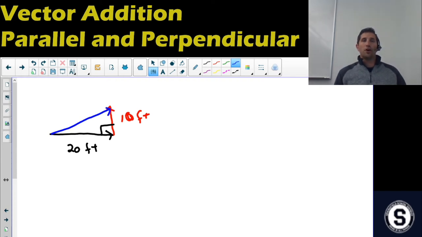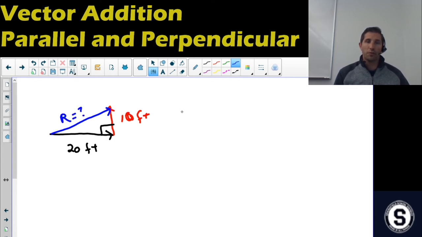And we learned from the Pythagorean theorem that to get the hypotenuse, the long side, of a right triangle, we can take the sum of the squares of the sides. So we square this, we add them together, we take the square root. That will give us our total displacement, which we call the resultant. Let's call this R for the resultant.